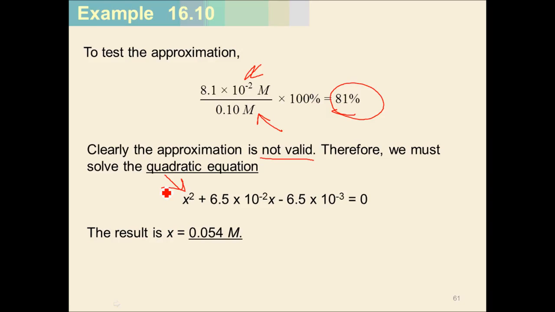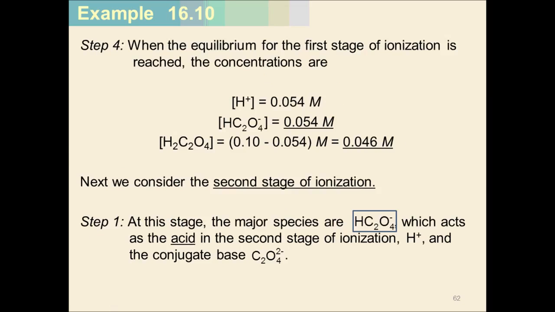Remember, what you now have is X squared plus 6.5 times 10 to the minus second X minus 6.5 times 10 to the minus third, set equal to 0. Plug it into your calculator, solve for A, B, and C, and X comes out to be 0.054 molar.